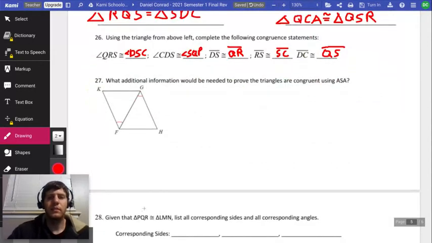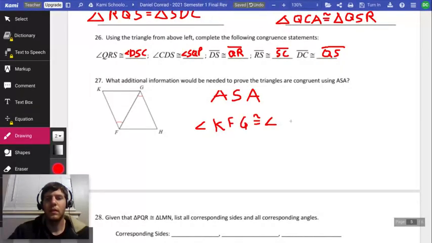Okay, 27 is asking us what additional information we would need to show that the triangles are congruent by angle, side, angle. Right now we have that angle KFG is congruent to angle HGF.